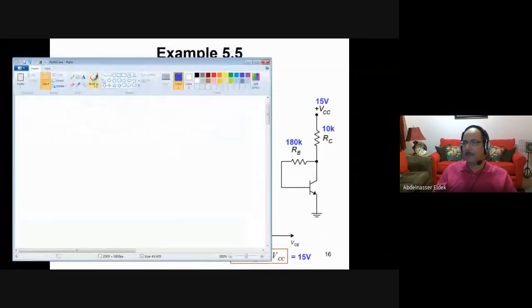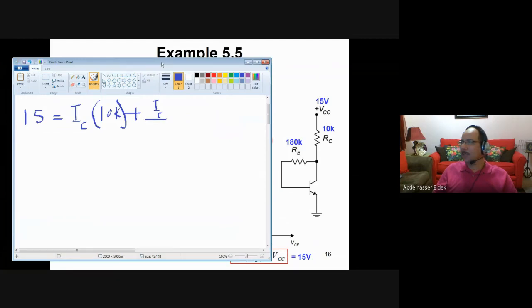We have 15 volt equals IC times 10K, plus the second one, IB times 180K. IB is IC over beta.